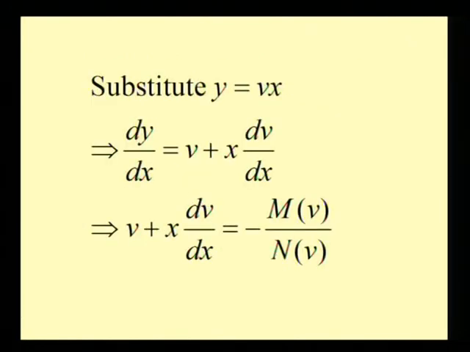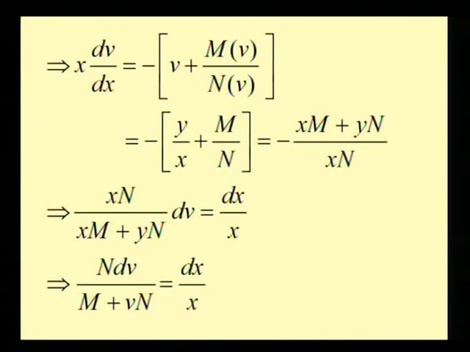Taking y upon x as v, that is y equal to vx, you substitute, and the equation becomes in terms of v and x instead of y and x, and it will become v plus x dv by dx is equal to minus M upon N, but M and N are both functions of v now, and they are integrable.